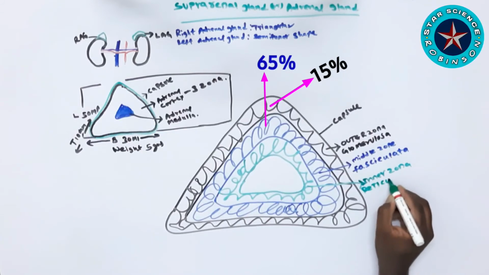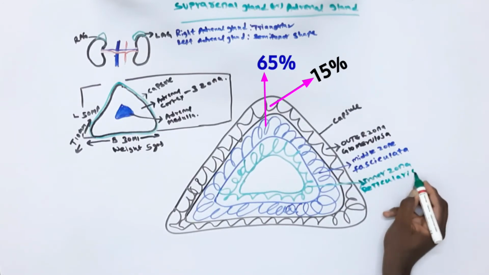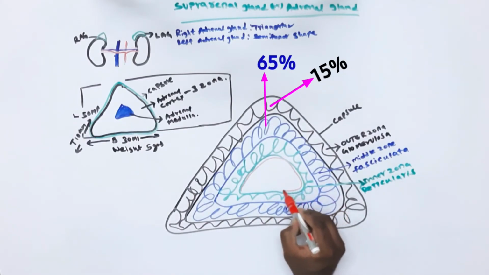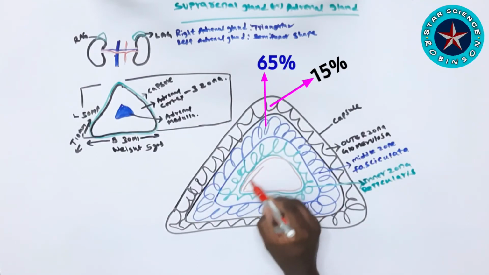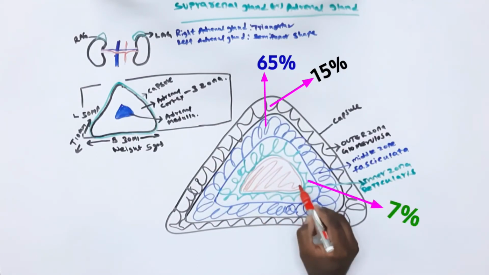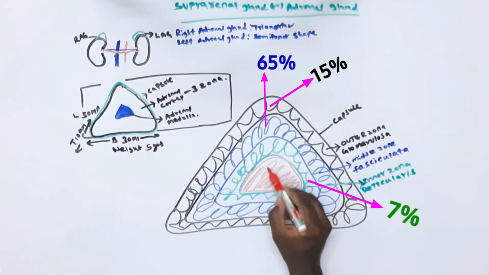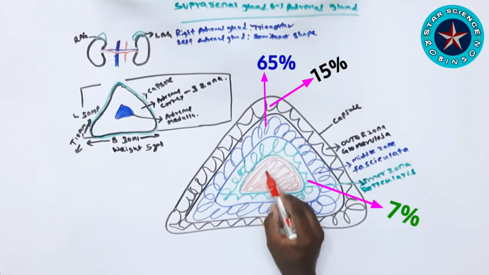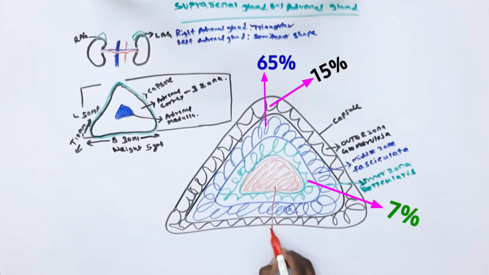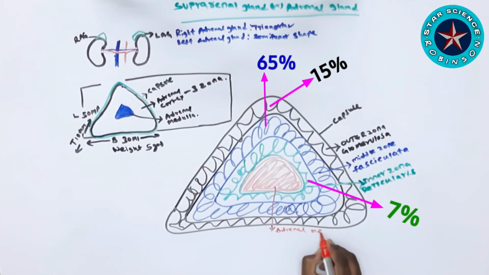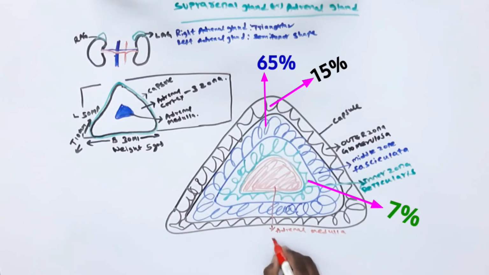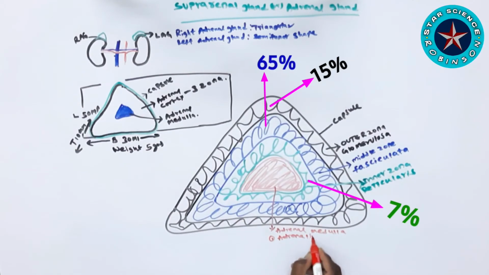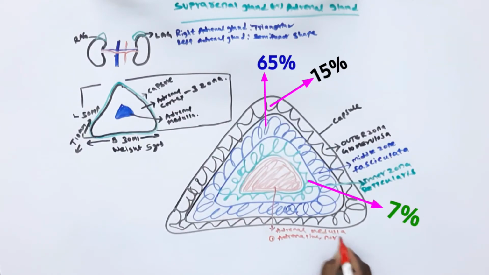The innermost layer of the cortex is the zona reticularis, around 7 percent of the cortex. Here androgens are released when the pituitary stimulates with ACTH; they are steroid hormones similar to testosterone, in males and females.